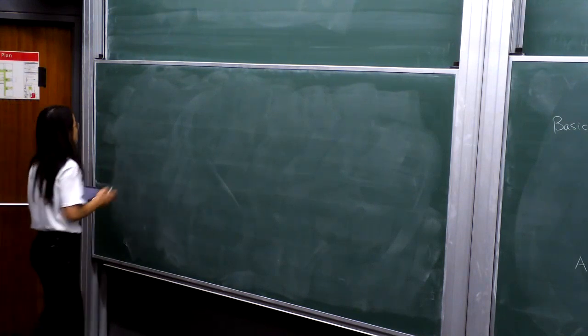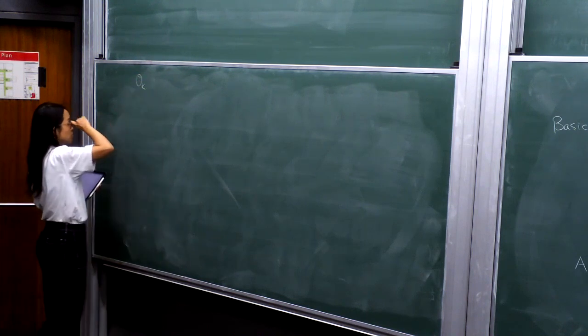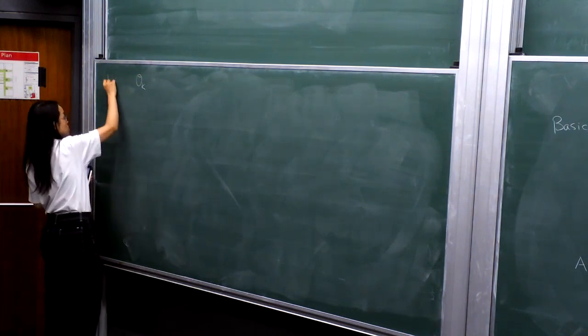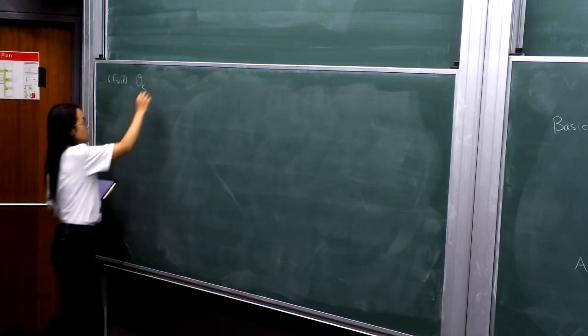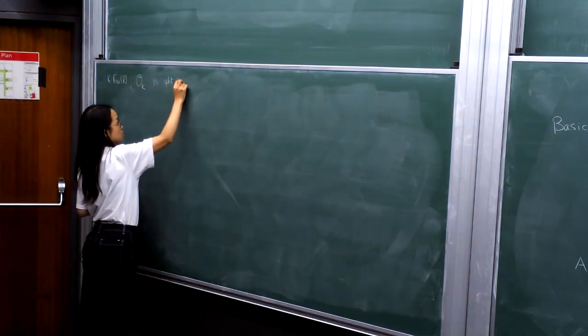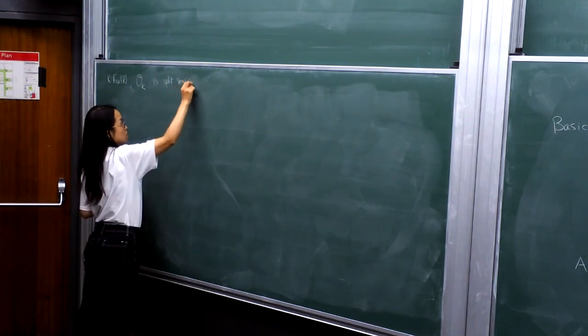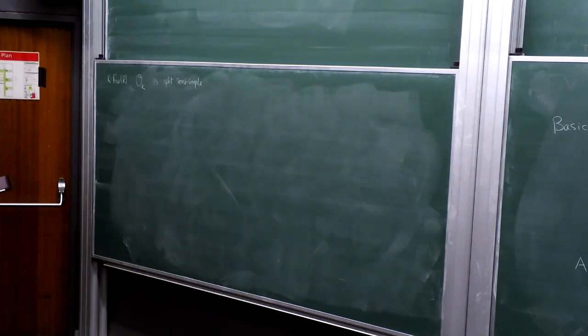So now the claim is that, based on this language, over the fraction field this category is semi-simple. So why is that?